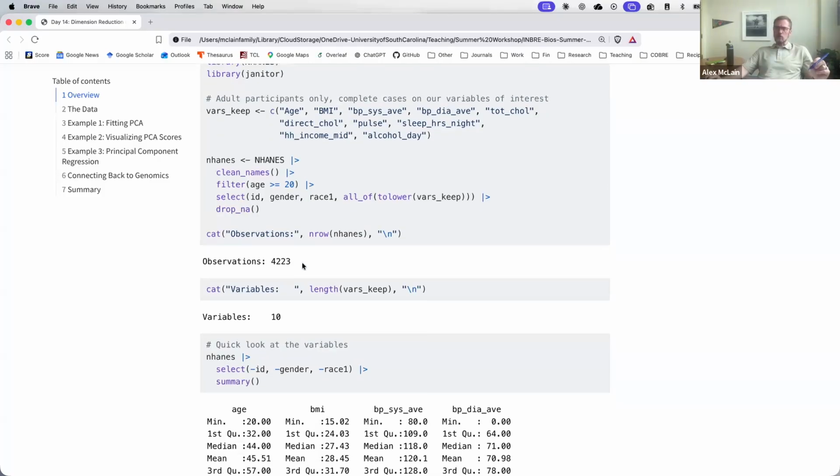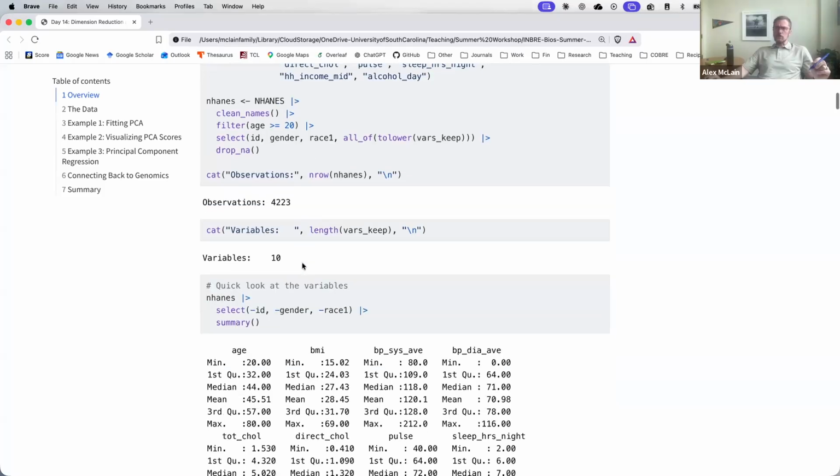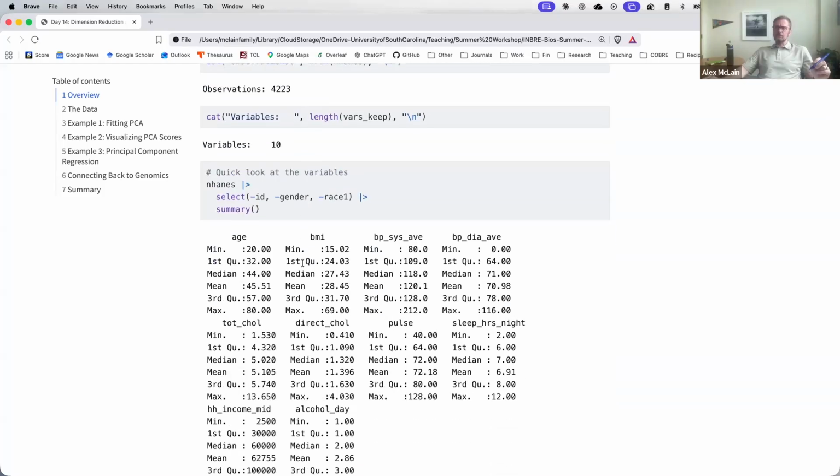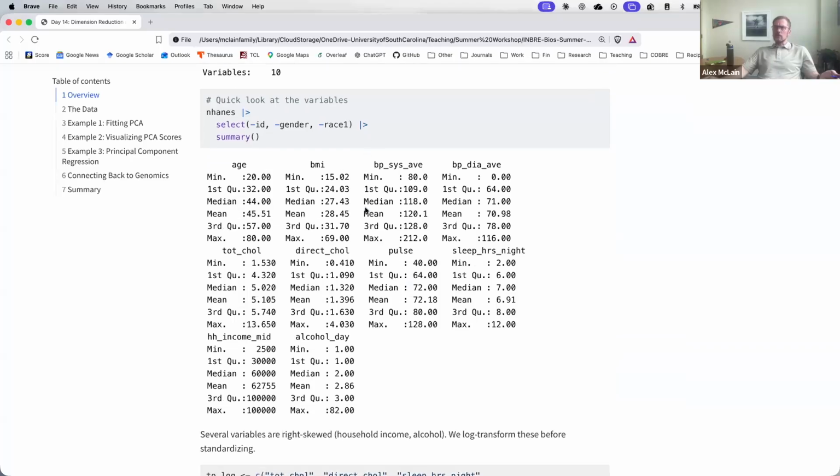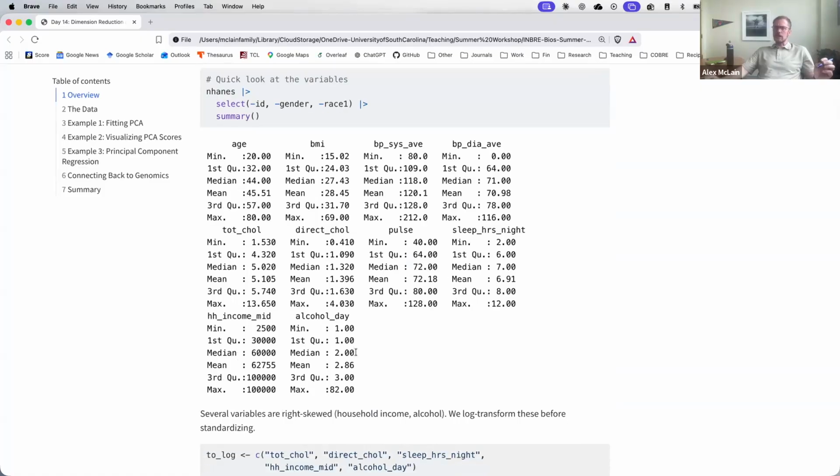We get a little over 4,000 observations on 10 variables. Here's a quick look at the data, removing some of the categorical variables: age, BMI, systolic and diastolic blood pressure, total cholesterol, direct cholesterol, pulse, sleep hours per night, income, and alcohol.